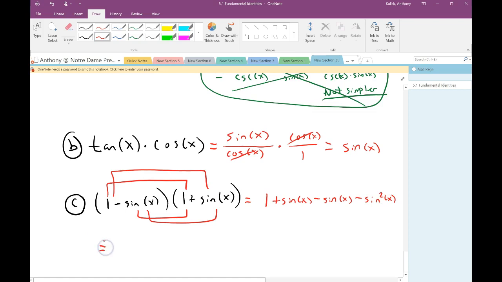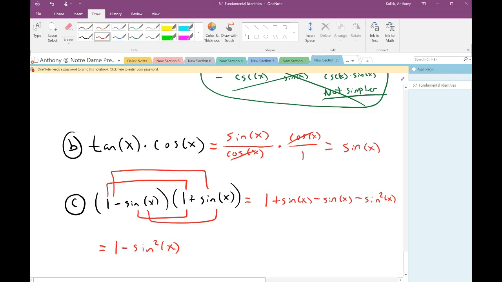And when I simplify those down, what do you notice is going to happen? Good. Sine x minus sine x gives me 0. So I'm left with just 1 minus sine squared x.